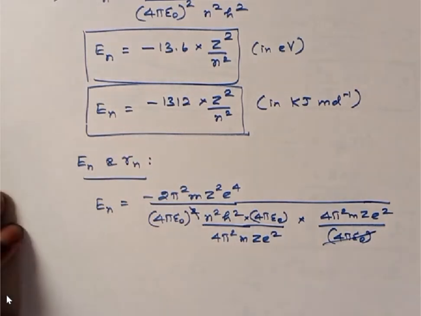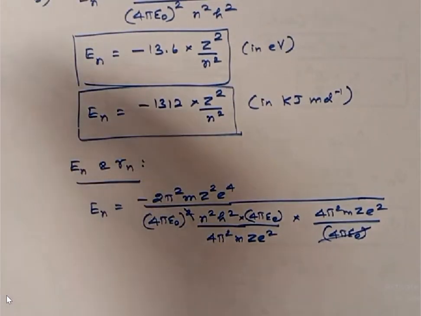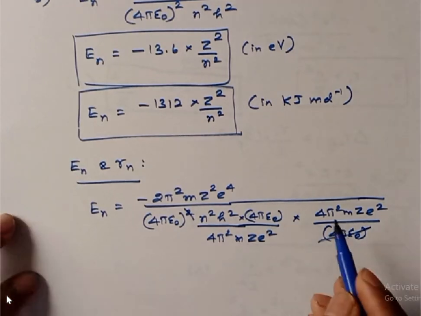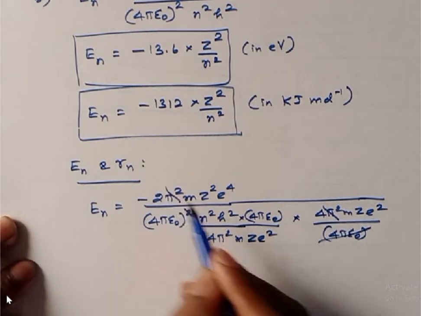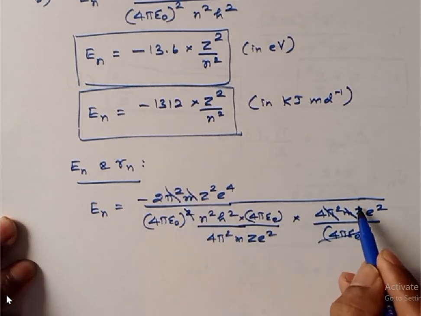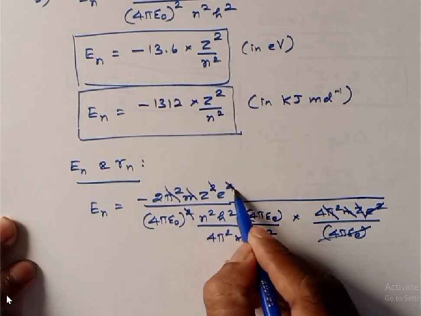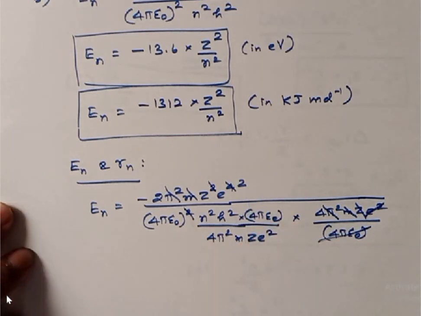Then we can cancel pi square m, and Z, and e square I'll cancel here, and 4 I'll cancel and make it 2. Here we have 2, one 2 are 2, and here we have 4, so 2 2 are 4.